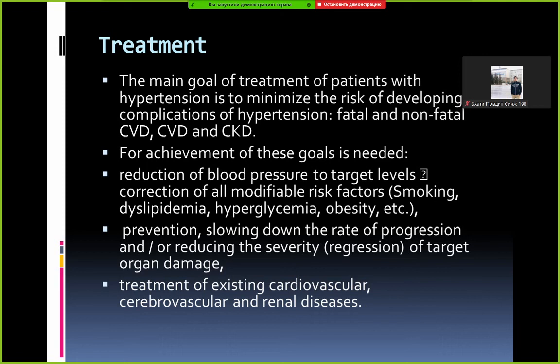For achievement of these goals, we need the reduction of blood pressure to target levels, correction of all modifiable risk factors such as smoking, dyslipidemia, hyperglycemia, obesity, sedentary lifestyle, and so on. Prevention, slowing down the rate of progression and/or reducing the severity of target organ damage, and treatment of existing cardiovascular, cerebrovascular, and renal diseases.